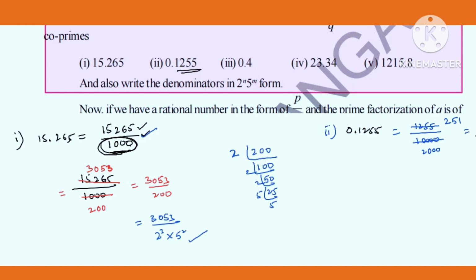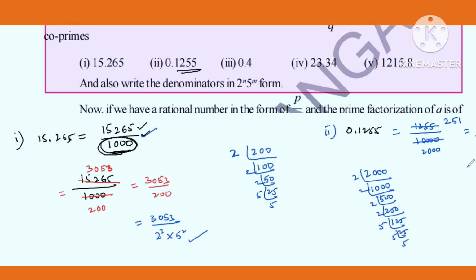Now let us take the denominator and see what the form of prime factorization will be. 2000 is 2 times 1000, 2 times 500, 2 times 250, 2 times 125, 5 times 25, 5 times 5.